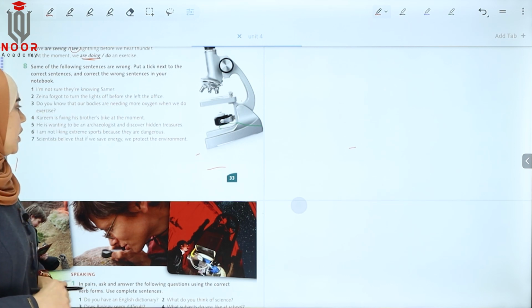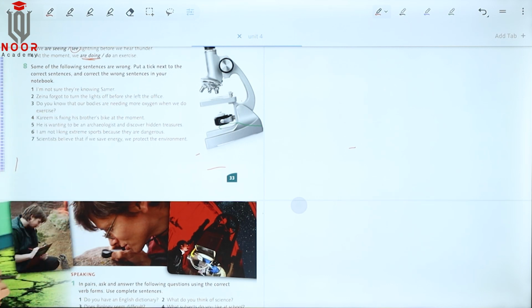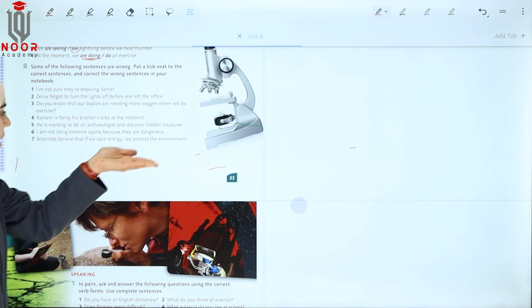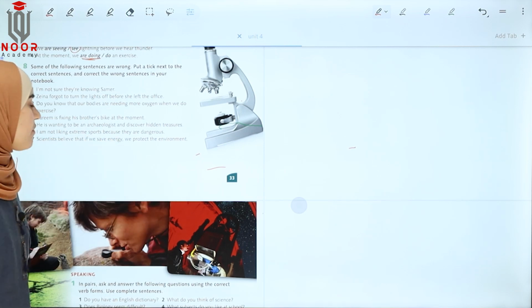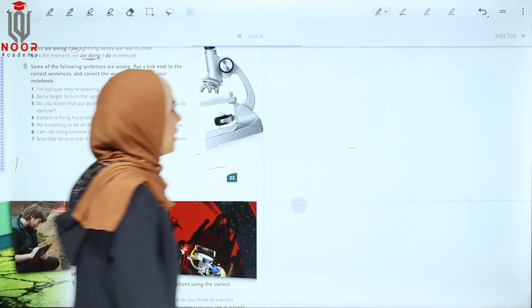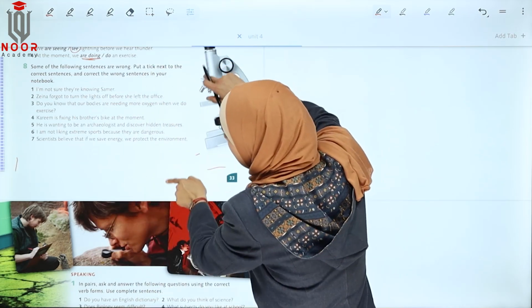Kareem is fixing his brother's bike at the moment. He's wanting to be an archaeologist and discover hidden treasures. I'm not liking extreme sports because they are dangerous, and scientists believe that we save energy, we protect the environment.